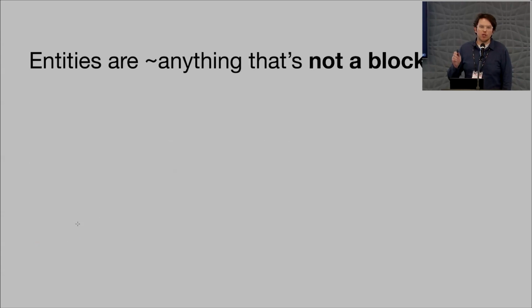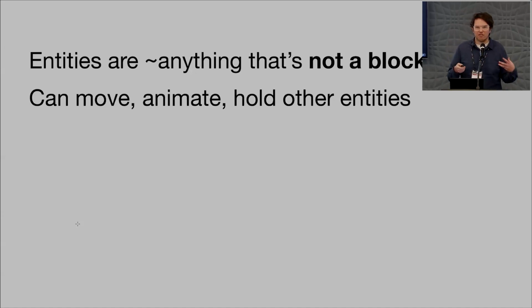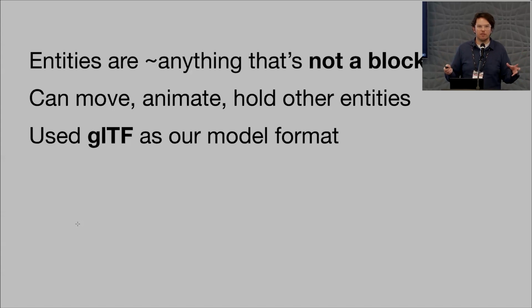So once we've got that feature set going, we've got to render some other stuff. In Minecraft, entities are anything that's not a block. They can move, animate, hold other entities, all that sort of stuff. We use GLTF in all of our other things, and so we ended up doing the same here. We wrote an exporter where we could go from that crazy Minecraft model format and just ingest GLTF.